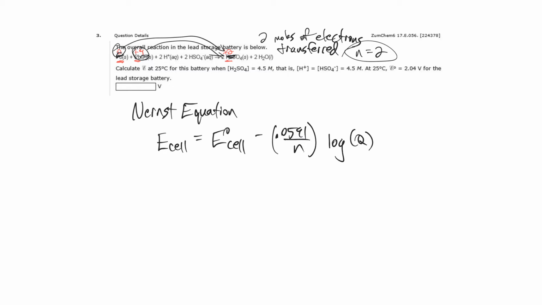They give us a lot of good information right off the bat. They tell us the concentrations of the 2 aqueous species, which is all we need to know in order to find Q. And then they even tell us the standard cell potential. So we'll be plugging those in to do this.